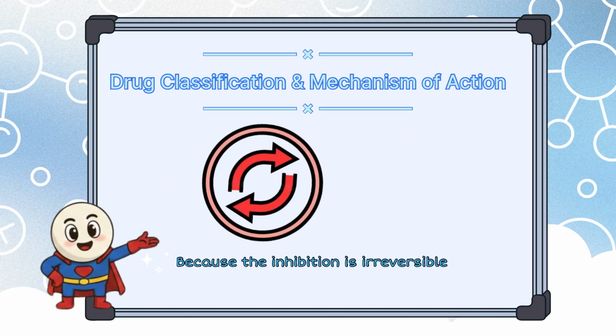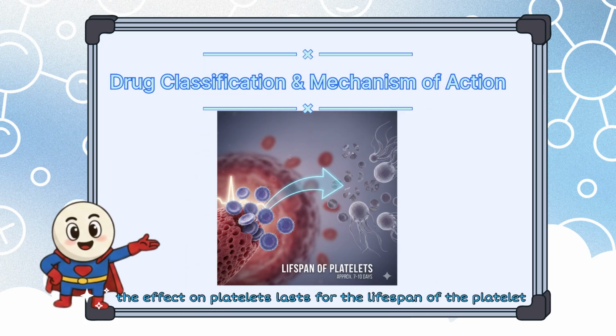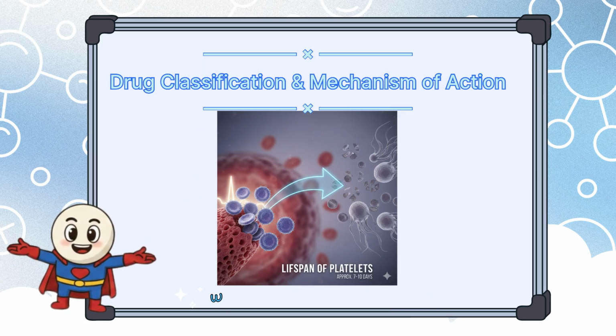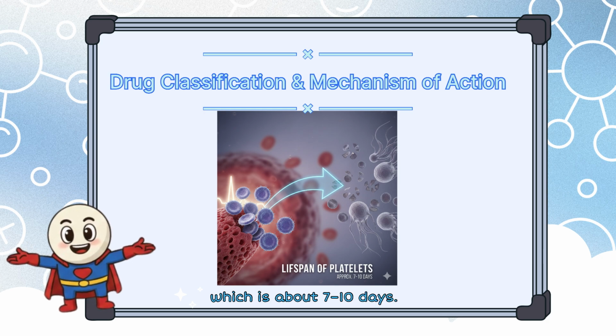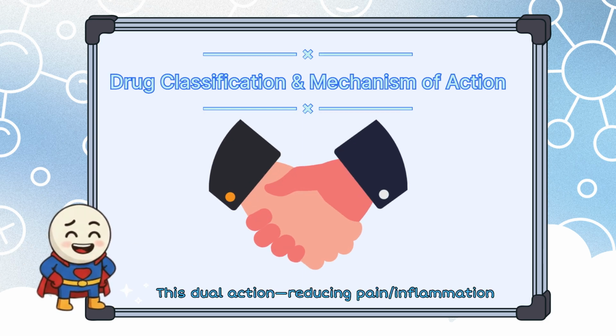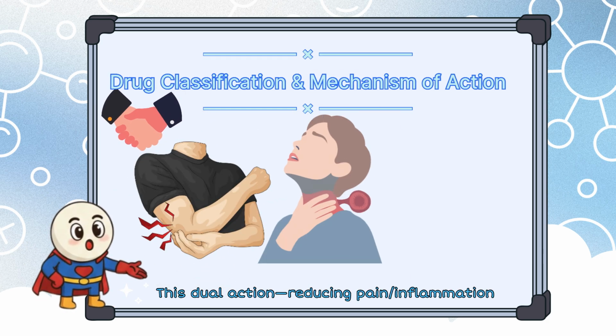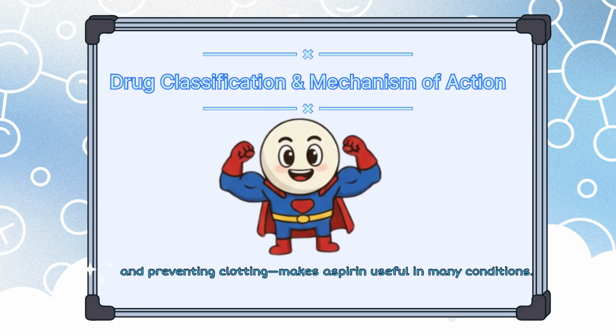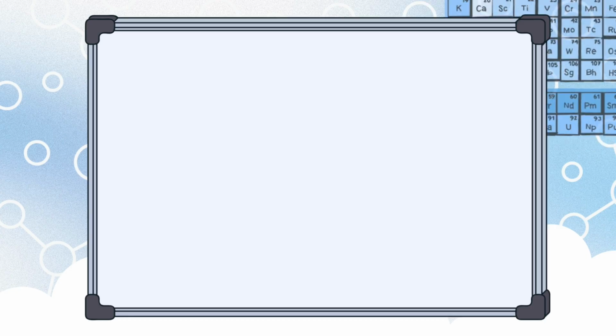Because the inhibition is irreversible, the effect on platelets lasts for the lifespan of the platelet, which is about 7 to 10 days. This dual action, reducing pain or inflammation and preventing clotting, makes aspirin useful in many conditions.